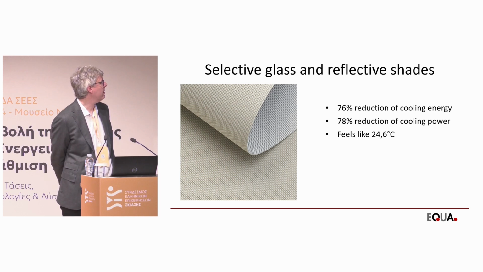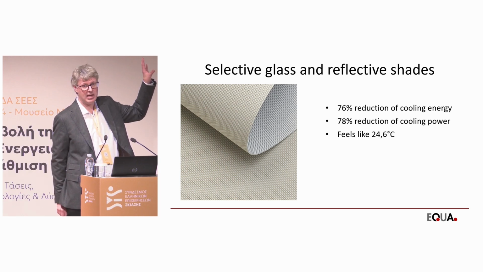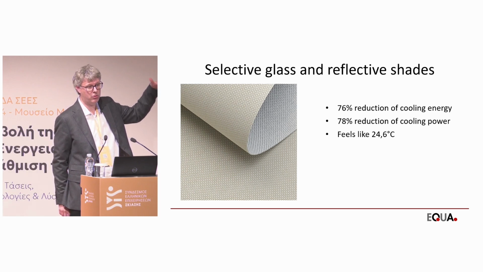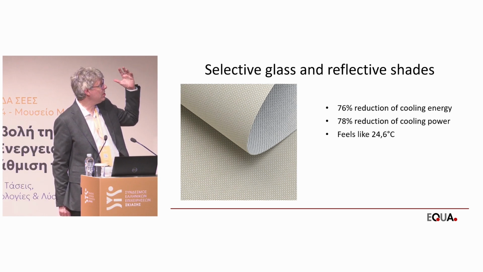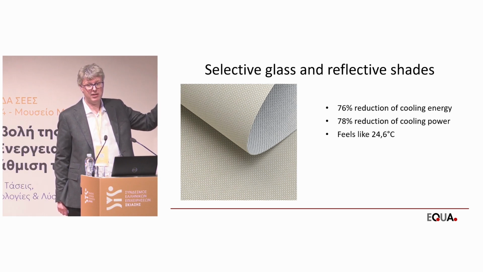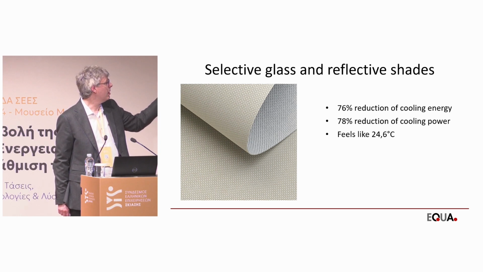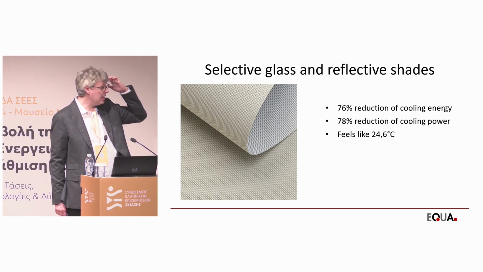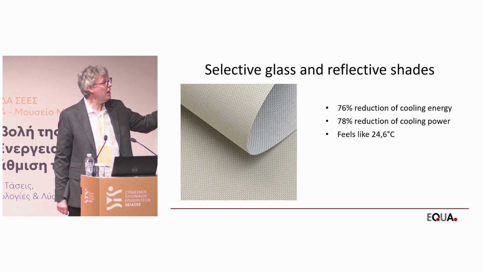Here, together with a highly selective glass, a glass that blocks the infrared and ultraviolet light, in combination with a highly reflective roller blind, we can, even if it's on the inside, have a reduction of 25%, even a bit more.